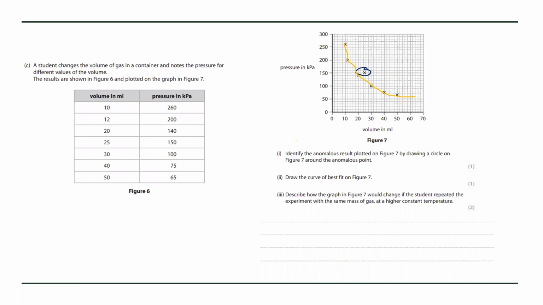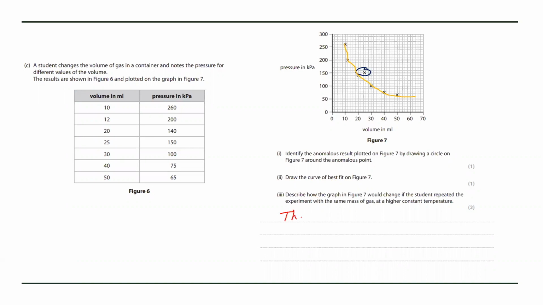Describe how the graph of figure 7 would change if the student repeated the experiment with the same mass of gas at a higher constant temperature. So the pressure would be generally higher, wouldn't it?